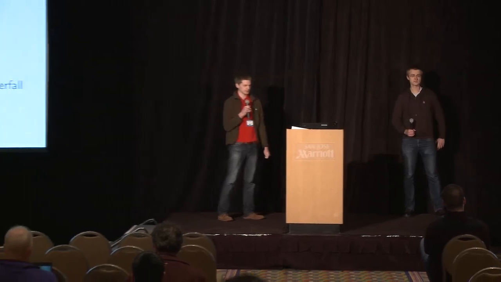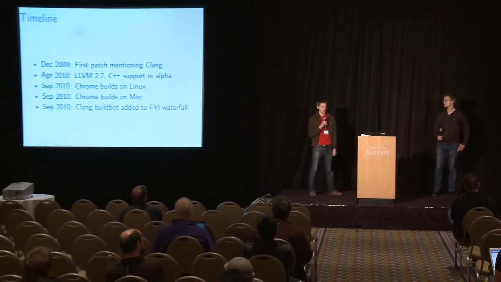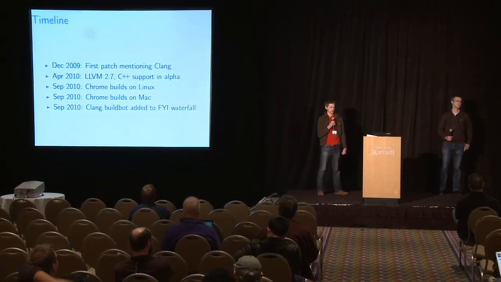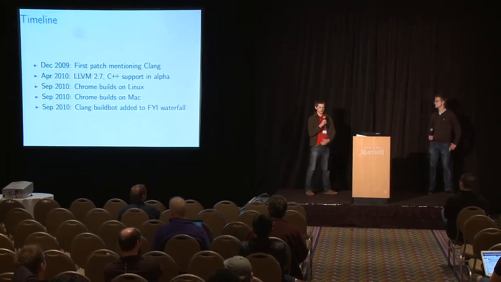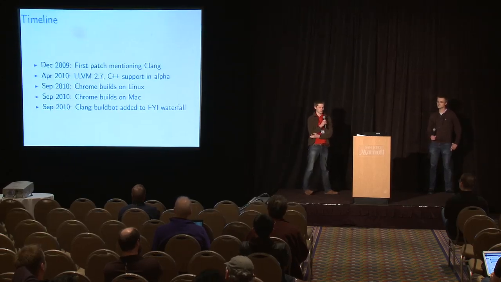Right, so we're going to go through the timeline for when we started using Clang. We tried to dig out the first patch that actually mentioned Clang in its description, and we found one from December 2009, which we think is pretty early. That's before LLVM 2.7 and before the C++ support in Clang was even considered alpha quality. And since then, in the last year, we spent quite a lot of time trying to get our code base to compile with Clang.